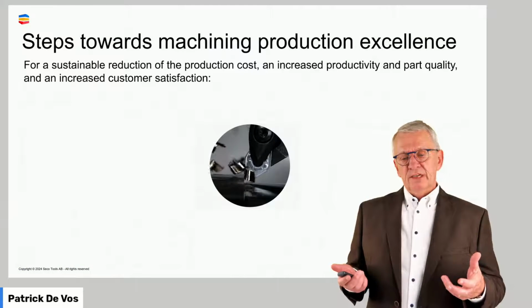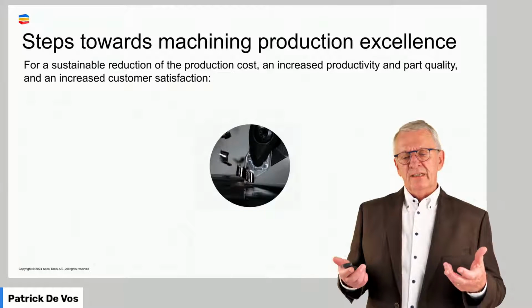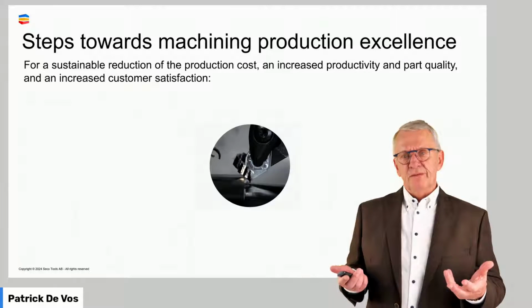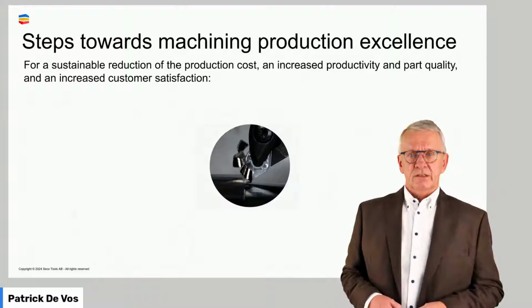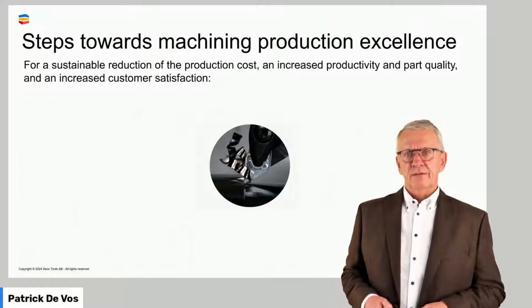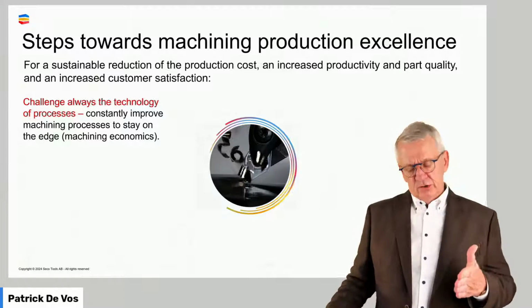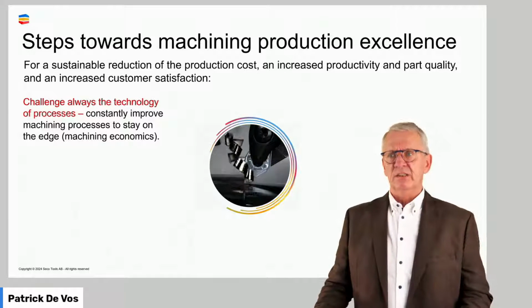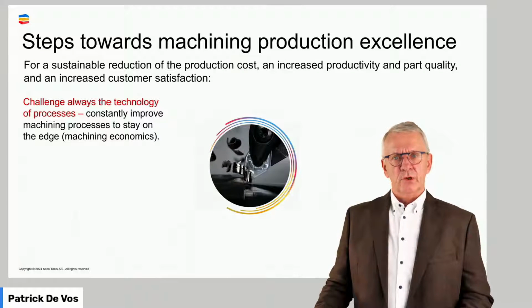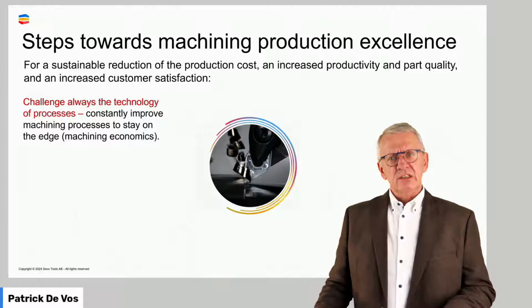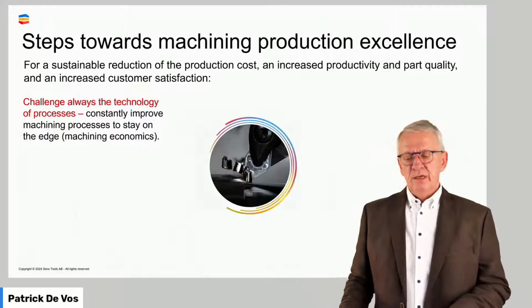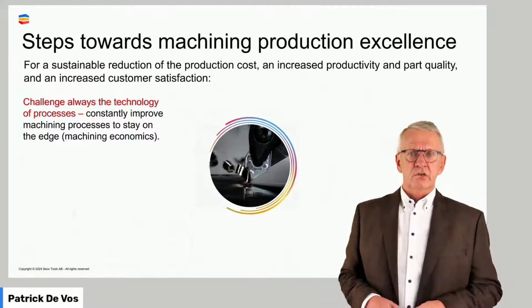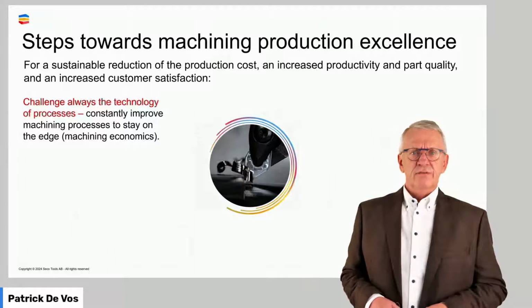Now, in such a situation, if you want to bring improvements, if you want to work on what people call excellence, being better than your competitors, there are four chapters you have to focus on. One chapter is that you constantly should challenge the technology used in your machining processes. And that normally is not really an issue in machining. Sometimes it's even a little bit too much, I think. People are always trying to change things too much, and you have to find a balance there.